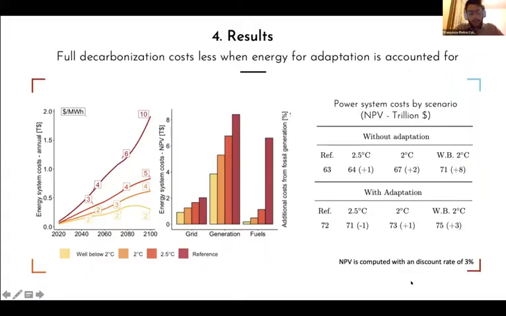And then an important point, though, is that these additional costs somehow modify the trade-off of investing in full decarbonization in the mitigation scenario. So on the right, you see the quantification of total power system cost by scenarios in net present value with a 2% discount rate.